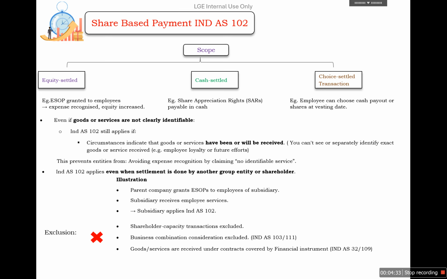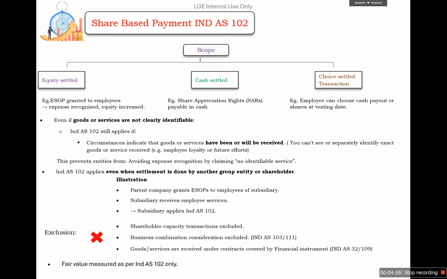Business combination consideration is excluded, and goods and services received under contracts covered by financial instruments standards, for example Ind AS 32 and 109, are also excluded. And fair value will be measured as per Ind AS 102, not as per another Ind AS.